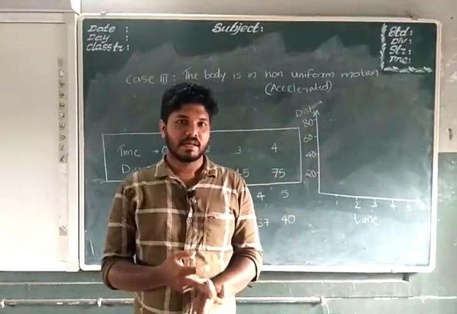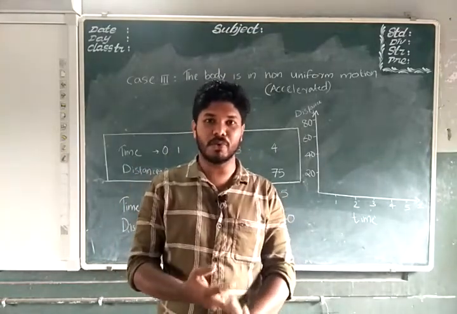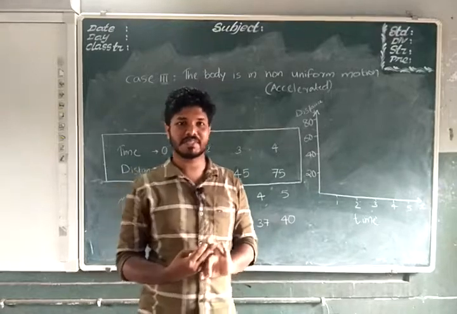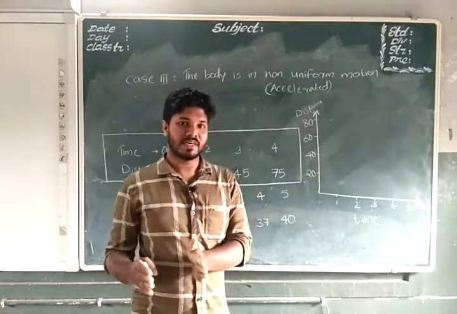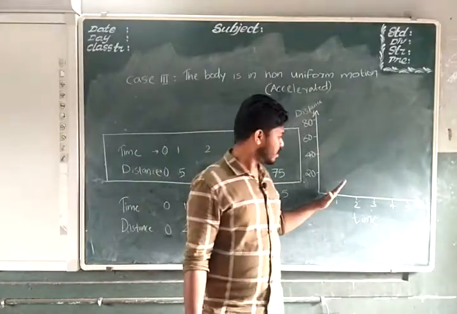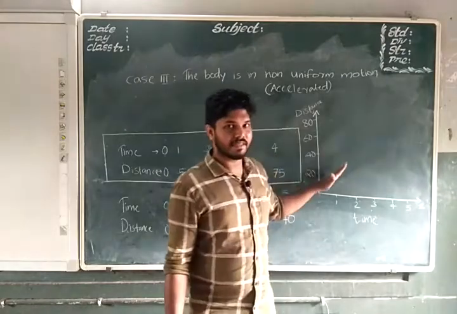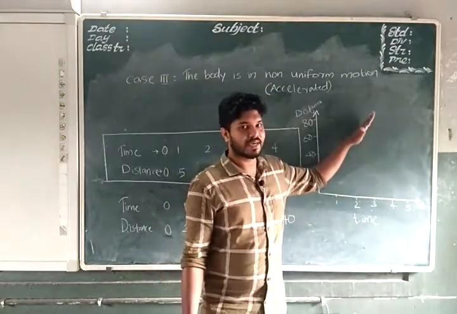The second case is that the object is following a uniform motion. Uniform motion means it changes its position equally in equal intervals of time. If it changes its position equally in equal intervals of time, we get a straight line which is inclined to the x-axis.